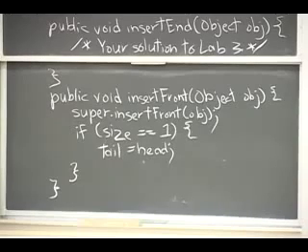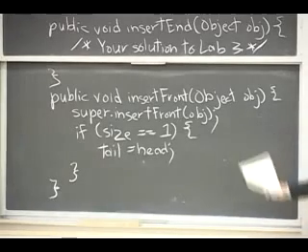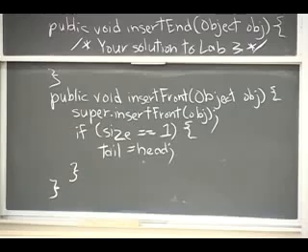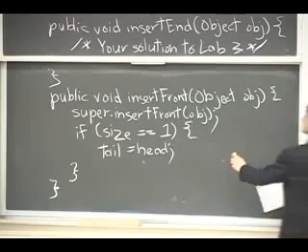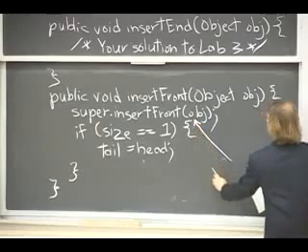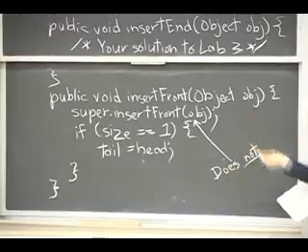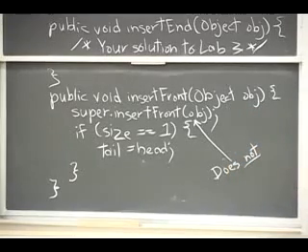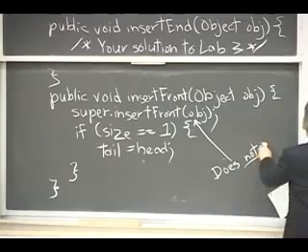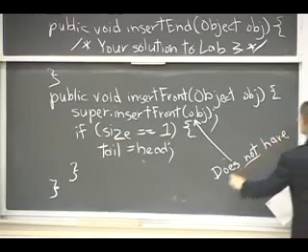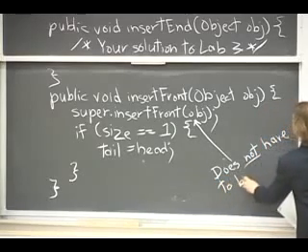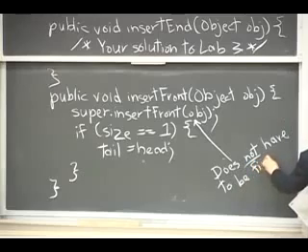One difference between this use of super and that use of super is that there is no requirement that this be the first line. In this particular case, it's the first line just because that's how the code worked out. But it does not have to be. Java does not require it to be the first line.